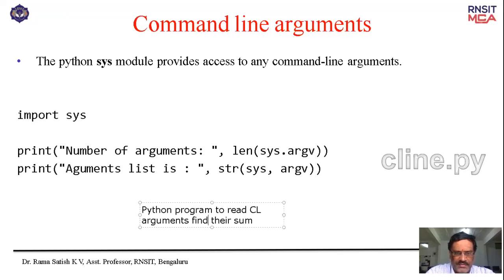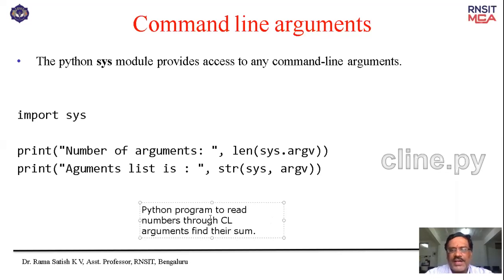Read numbers through command line arguments and find their sum. So you have to find the sum of all command line arguments, where all the command line arguments should be numbers. Okay, that is your assignment. This is the assignment for the day.